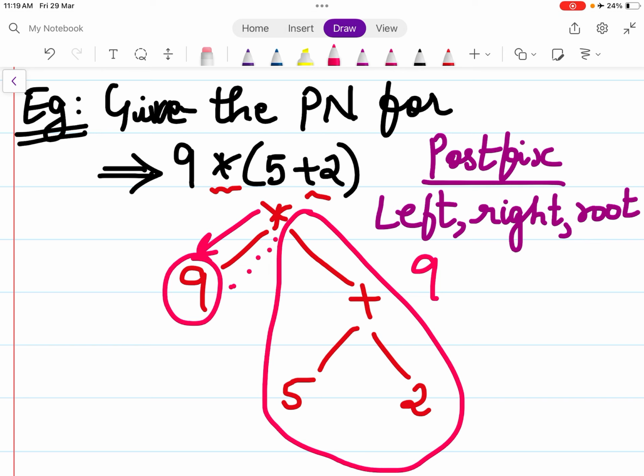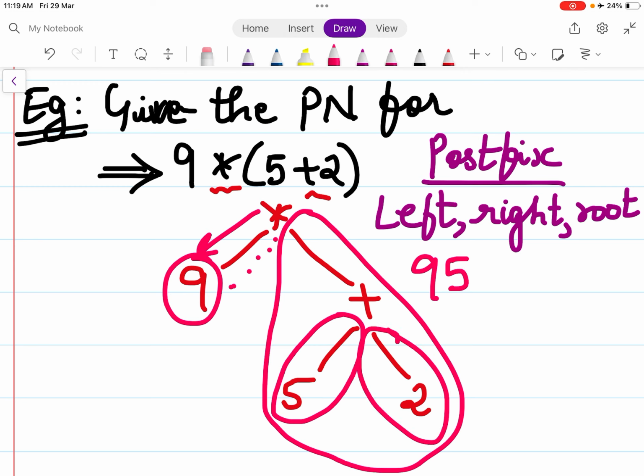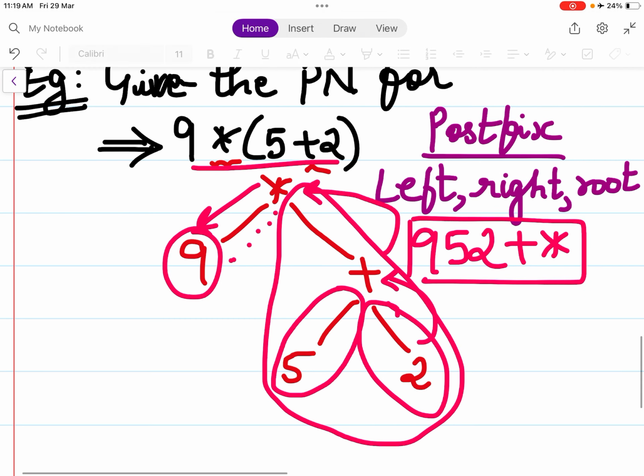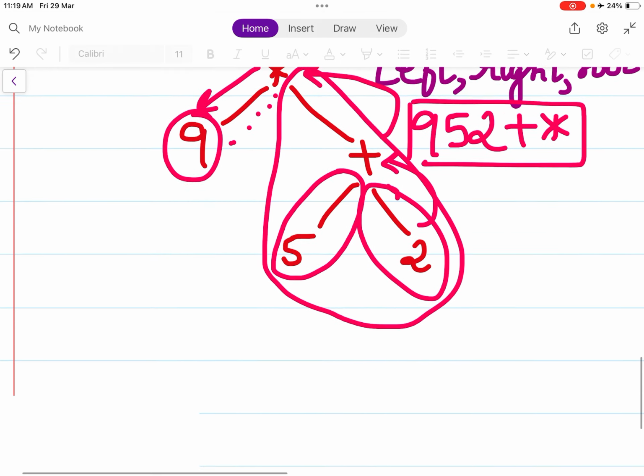In the right subtree, again go to the left part. So we have 5. Then go to the right child, that is 2. Then go to the root. Root is plus. Then again backtrack and go to the root, that is multiplication. So the postfix notation for this will be 9 5 2 plus into, and this is your answer for the given expression.